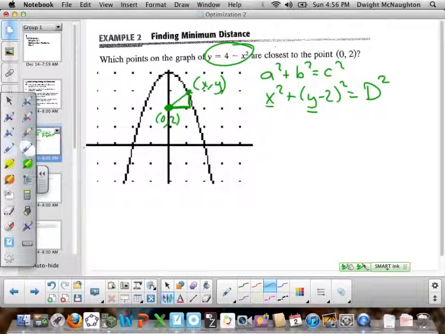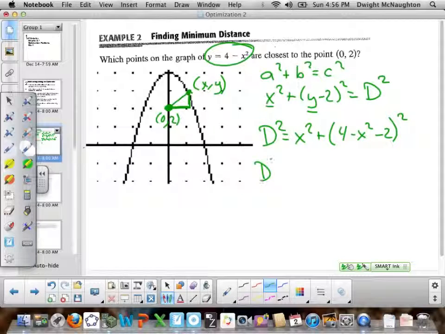So let's plug that in. I'm going to switch it around. So I got D squared equals x squared plus quantity 4 minus x squared minus 2, squared. We'll clean that up a little bit. D squared equals x squared plus 2 minus x squared, squared.